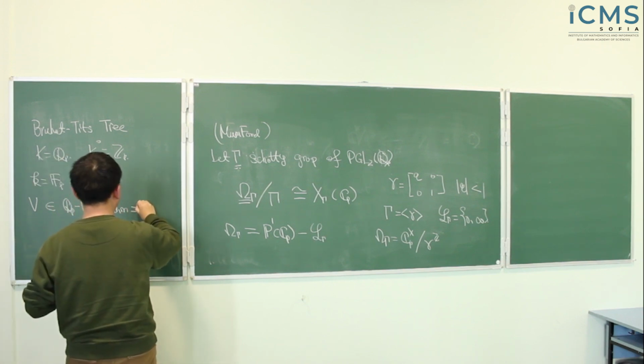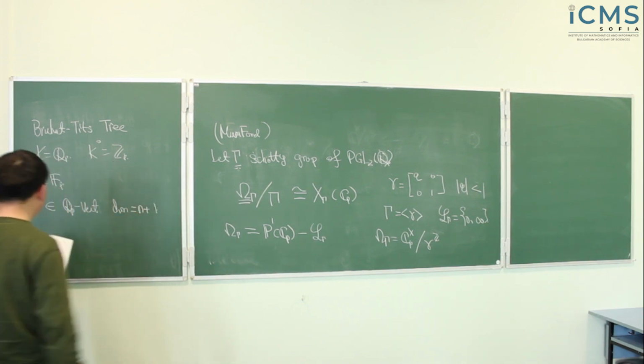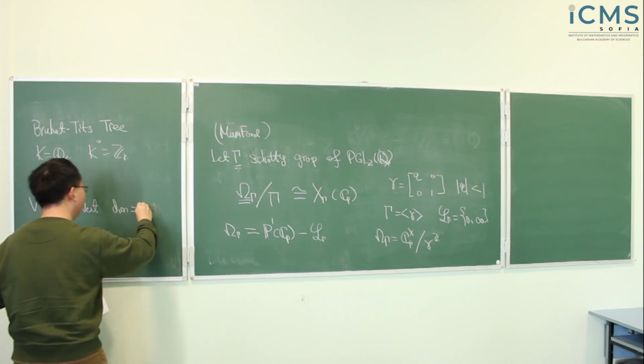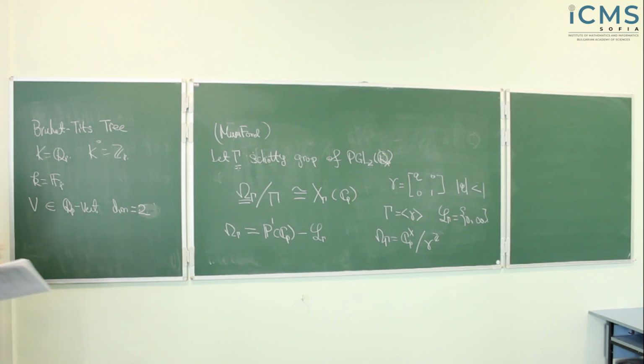Let's assume the dimension is n+1. Here we just consider n equal to 2, the projective line case. And then we can define the lattice inside this.